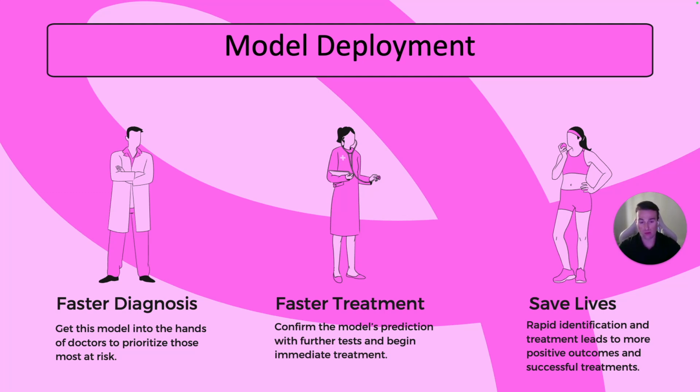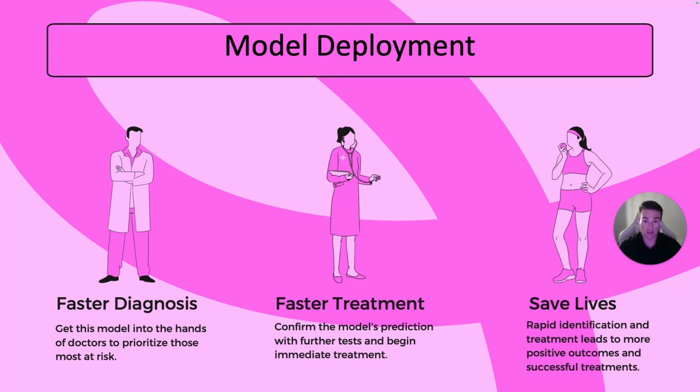And then, with the model running in the background, pretty much right in front of the patient, same day, they could get a reasonably confident initial thought as to whether this patient is at risk of having a malignant tumor.